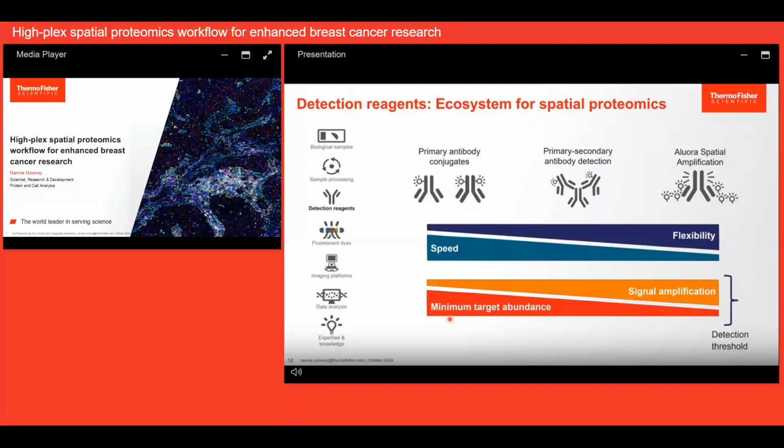If your target isn't very abundant or has very diffuse staining, primary antibody conjugates might not be able to deliver the signal to background that you need to bring that target above your detection threshold. In that case, Alora spatial amplification reagents might be exactly what you need, because the signal amplification that it takes when we lay down these additional fluors brings the overall signal above that detection threshold.